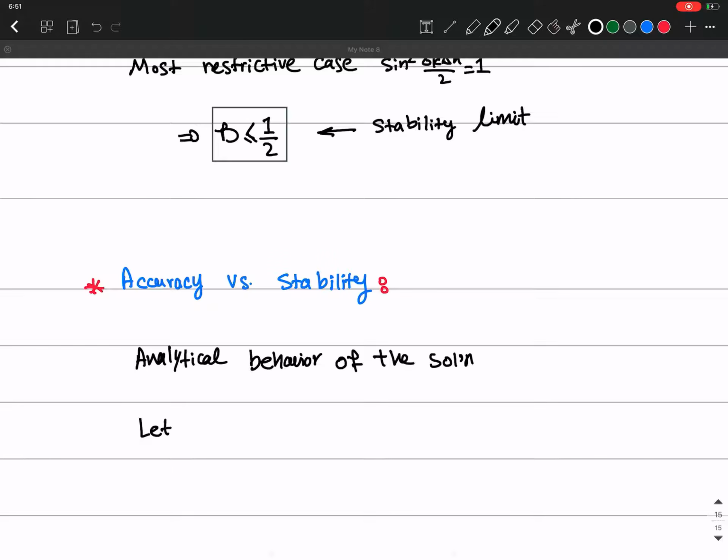and to do so we assume, or we allow u(x,t), which is the analytical solution, to be shown as a sum over k of omega_k(t) e^(i sigma_k x), a Fourier series. Okay.